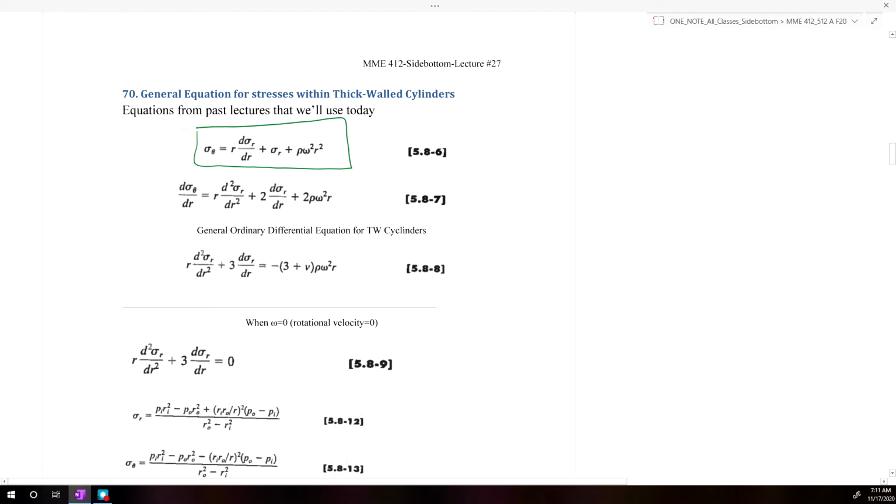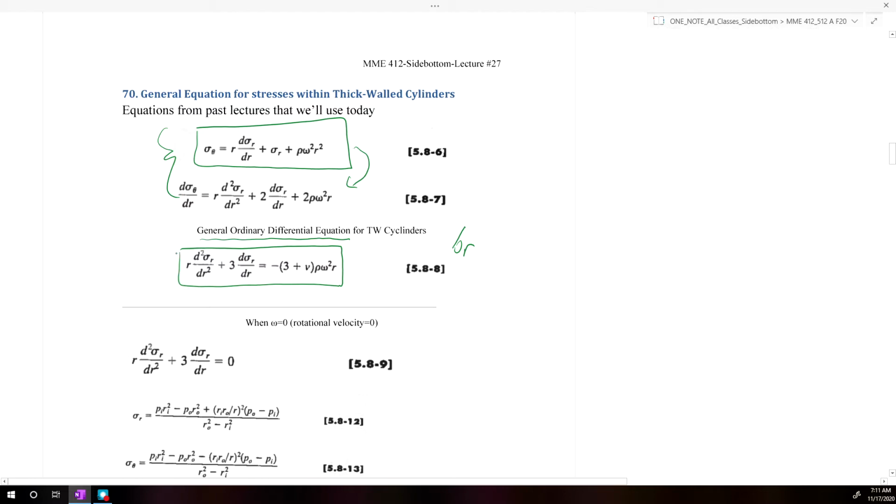Then we said if we took the derivative of this equation with respect to r, we got the equation below. We were able to plug these two values into another equation in order to solve for an ordinary differential equation, all in terms of sigma r, shown here. This is the general differential equation for thick-walled cylinders.